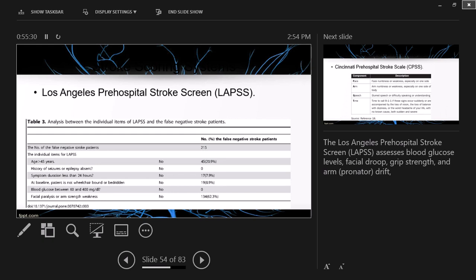Why? Because if you look here, we have a lot of different things that we're having to assess. Within the LA stroke scale, we're looking at blood glucose, facial droop, grip strength, arm drift, as well as speech and the different degrees of those.